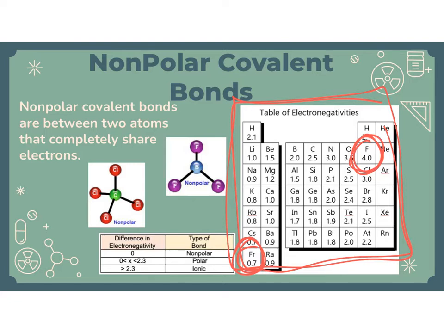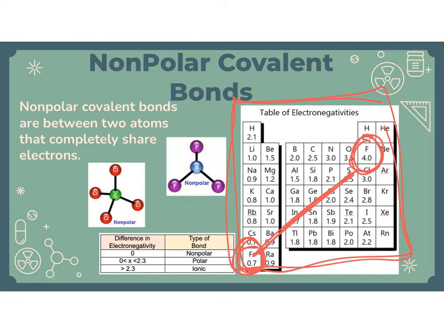If the element is very electronegative like fluorine, then it will pull the electrons more toward that element than the other. So if you were to hook up, say, francium and fluorine together, then fluorine would practically steal the electron from francium, and it would probably be an ionic bond.